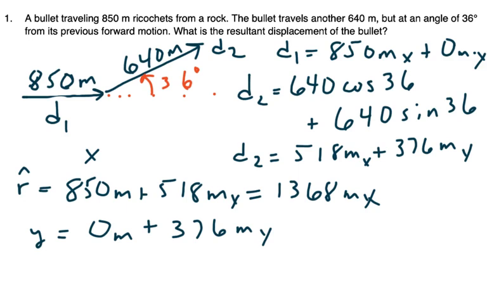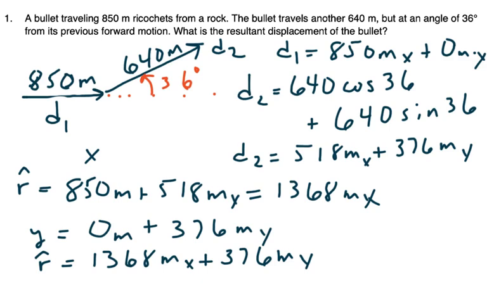So your resultant vector, the components would be 1368 meters in the x plus 376 meters in the y. So then if we want to find the actual magnitude of the resultant vector, we're going to use the Pythagorean theorem.